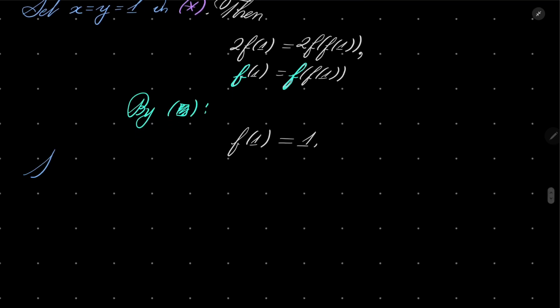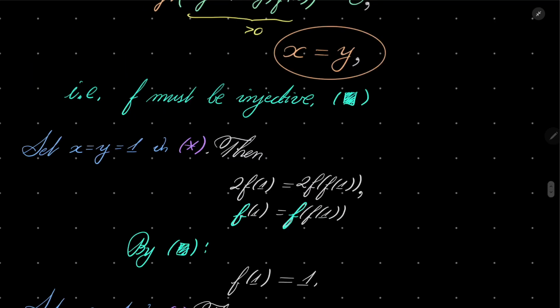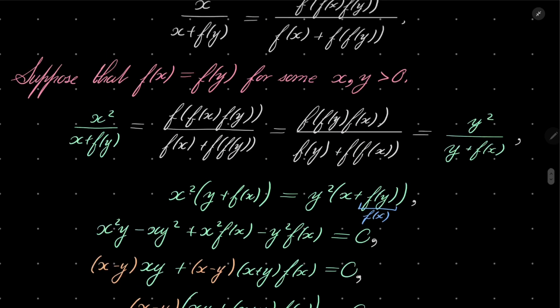And finally, let's take just x to be 1 in our very first condition. Then let's take a look. What do we have? x is 1.